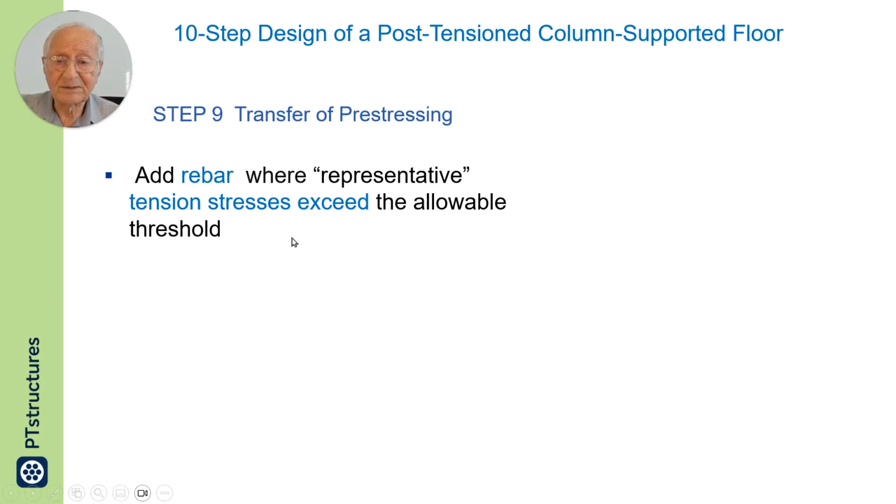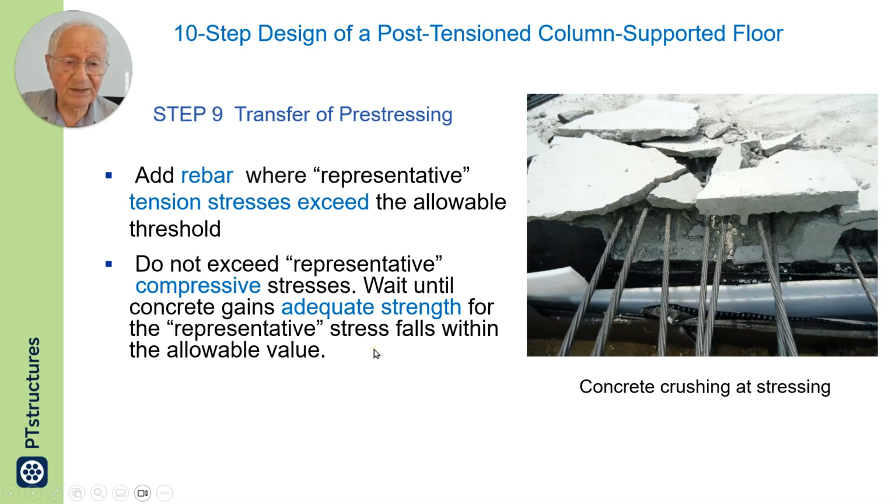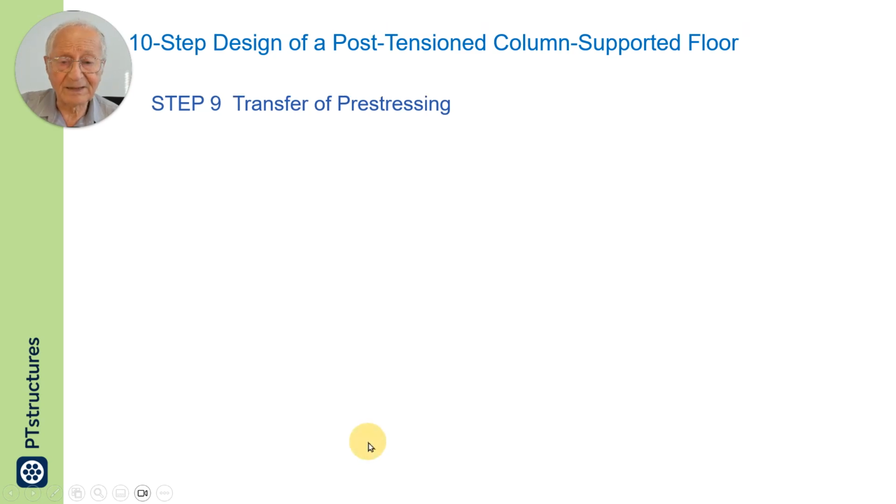If it exceeds the allowable tension, you add rebar or you wait until the concrete strength is adequate. You do not exceed representative compression stresses. If compressive stresses exceed, you wait until concrete gains adequate strength for the representative stress. Otherwise, there can be failure at stressing.